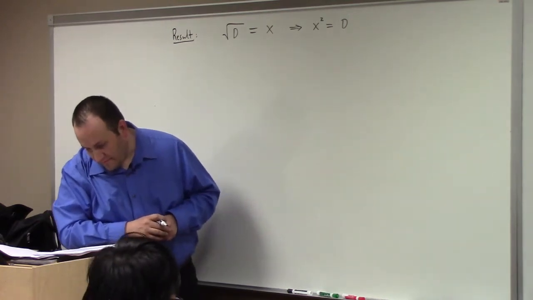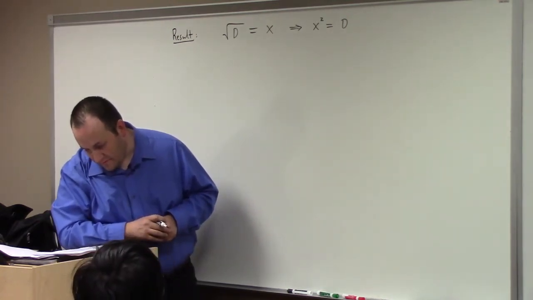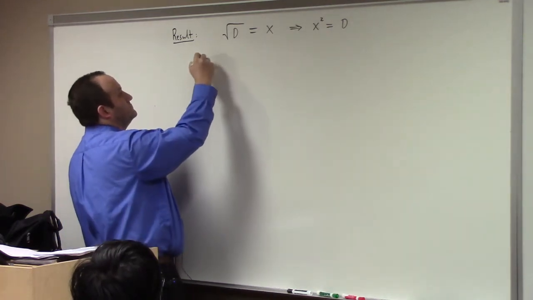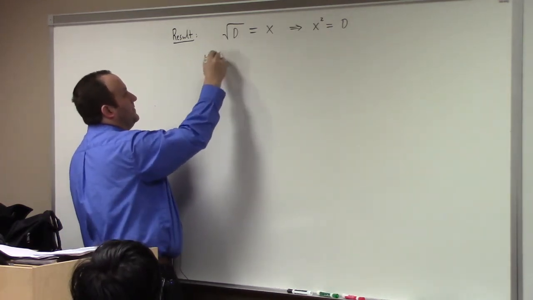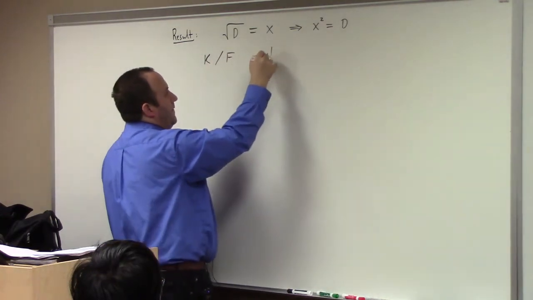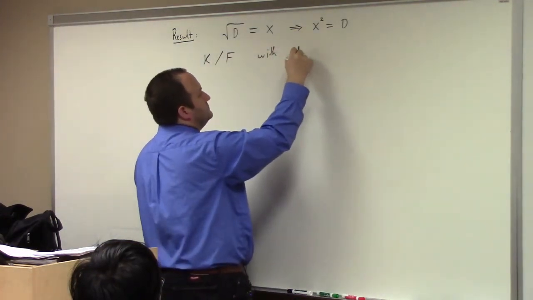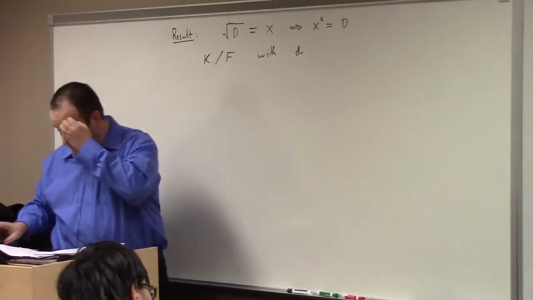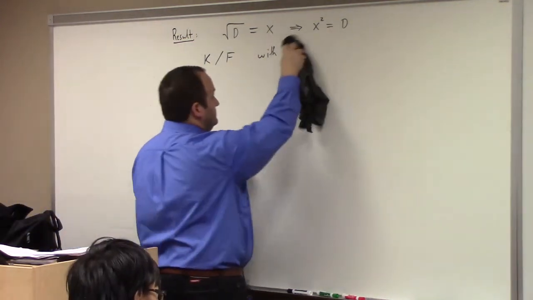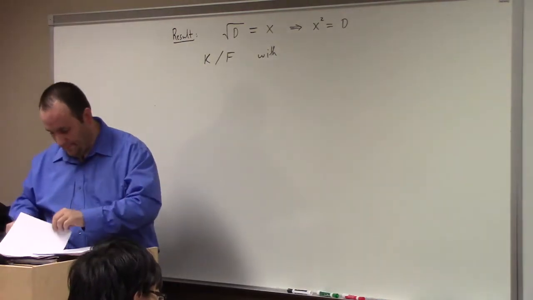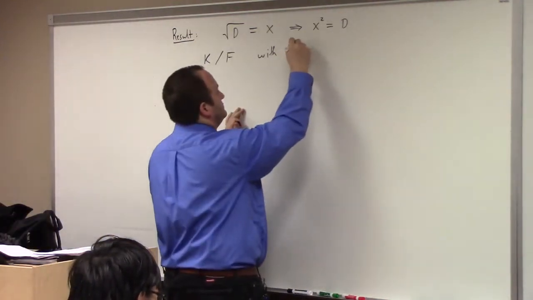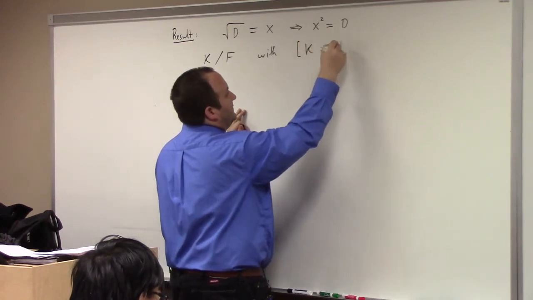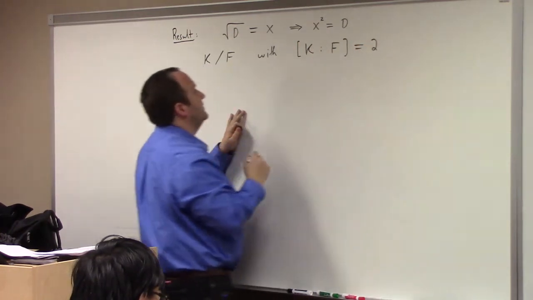But the point is, if we have, as he said, a field of characteristic not equal to 2, and you have an extension K over F, with our notation, K over F equals 2, right?